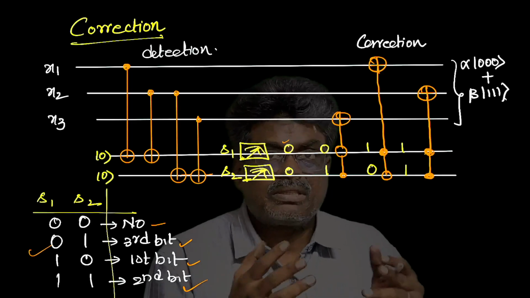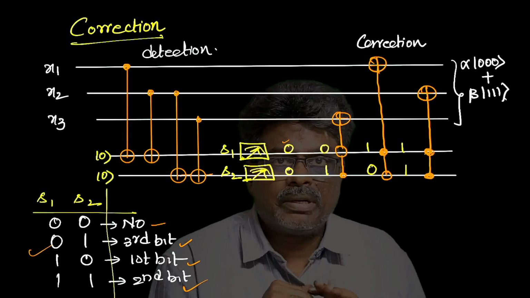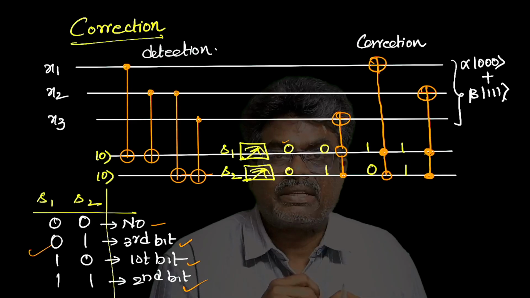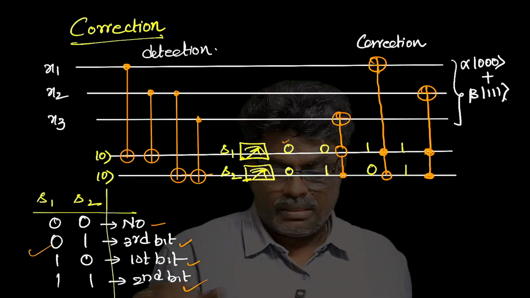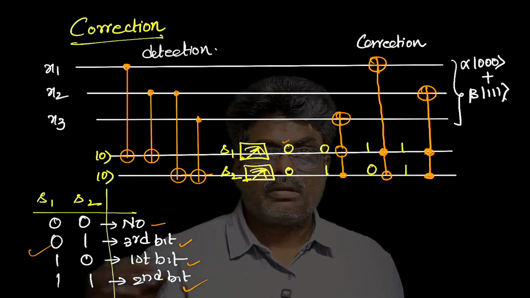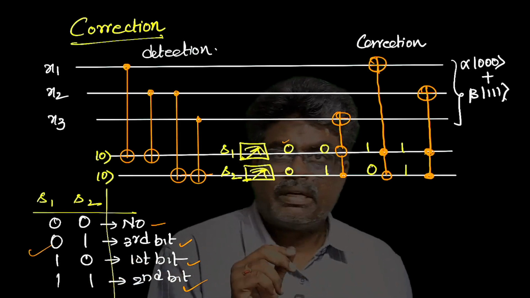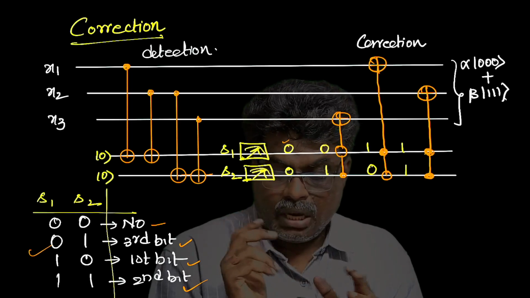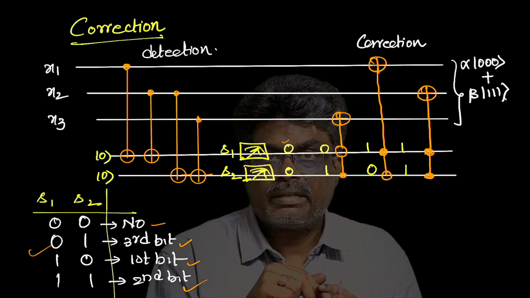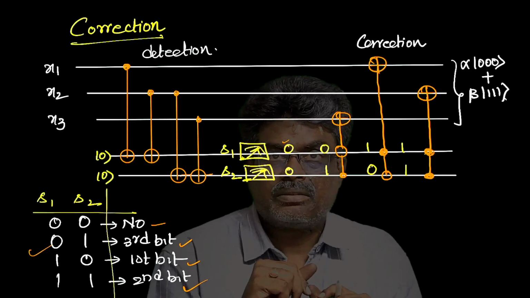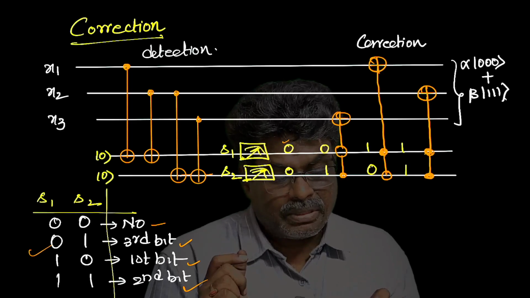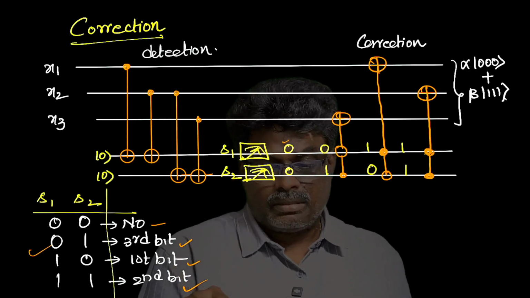By using these control gates, we are correcting that bit flip error. So I hope you understand what quantum error correction is and how to detect and correct this bit flip error. Now let us take the circuit in the simulator.